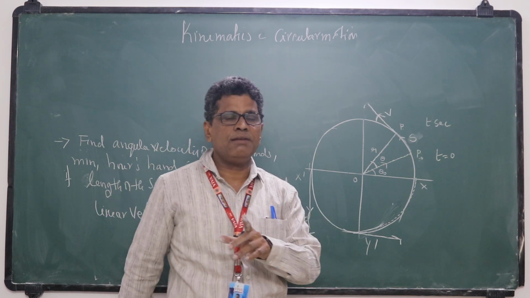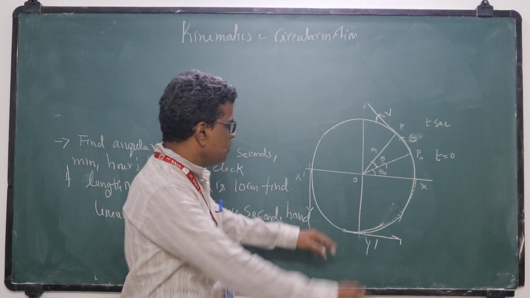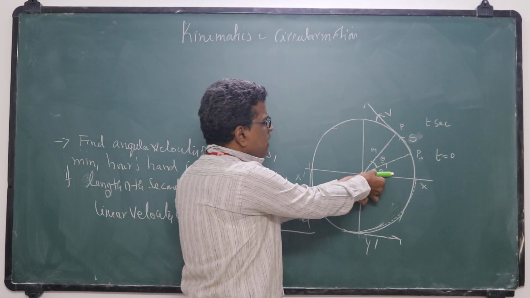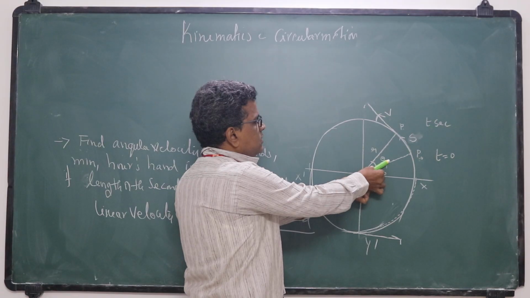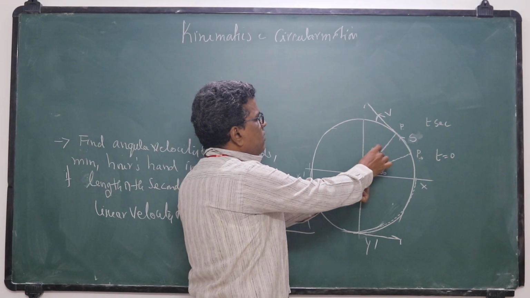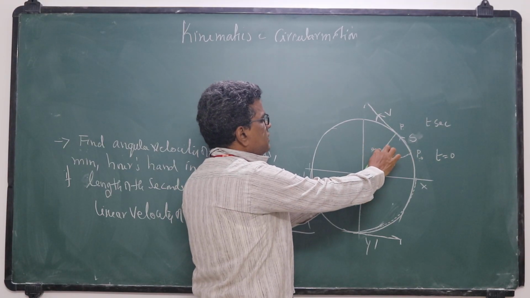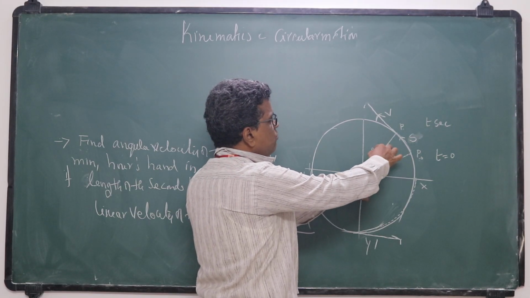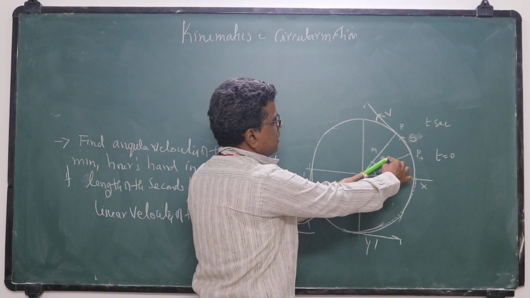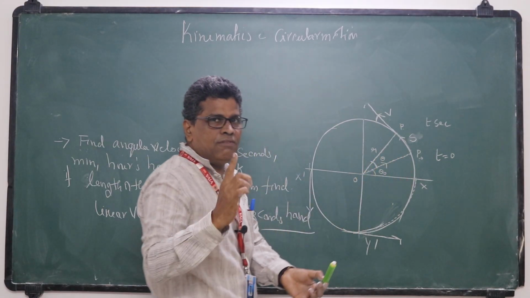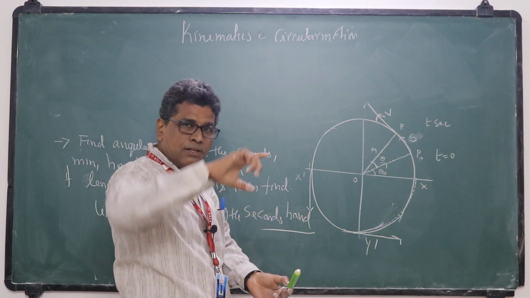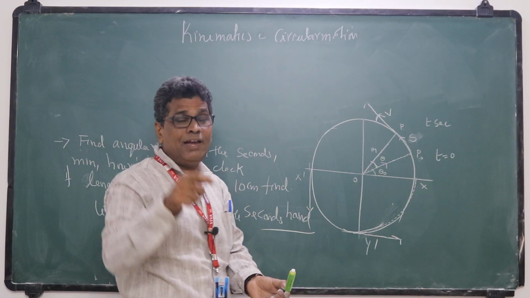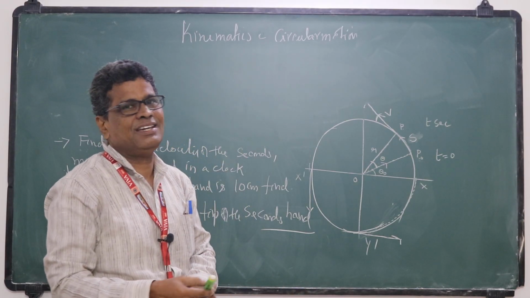The time we are measuring is in seconds only. For every 1 second the clock will move like this, tick tick tick. So for every 1 second it will turn a certain angle. I want its angular velocity.